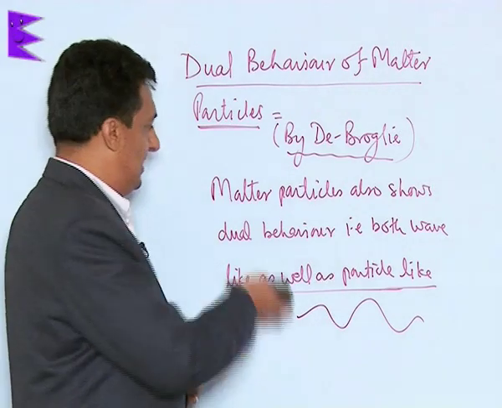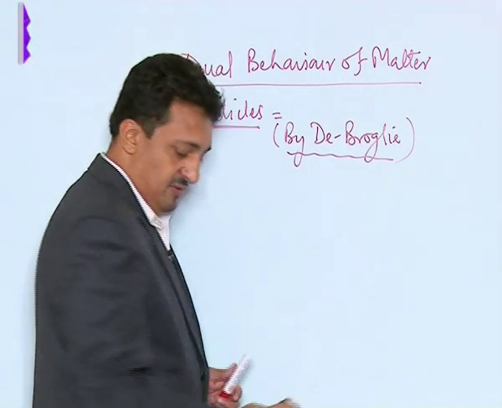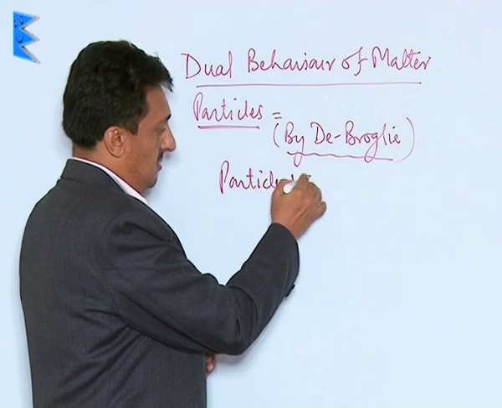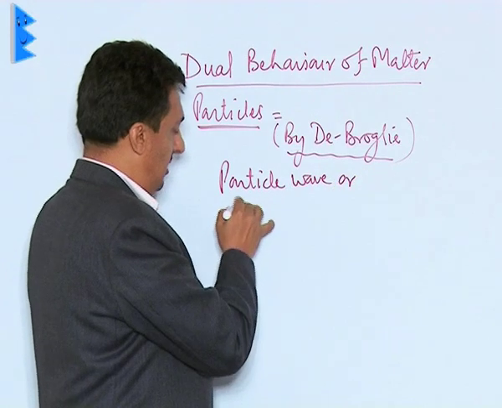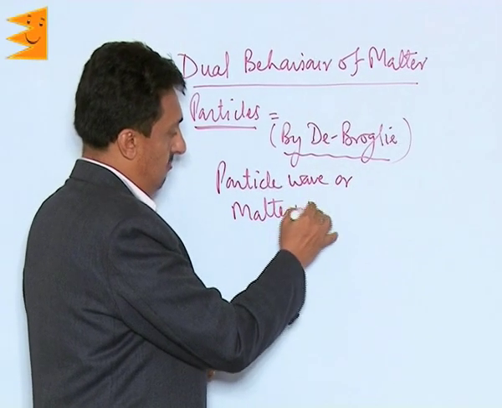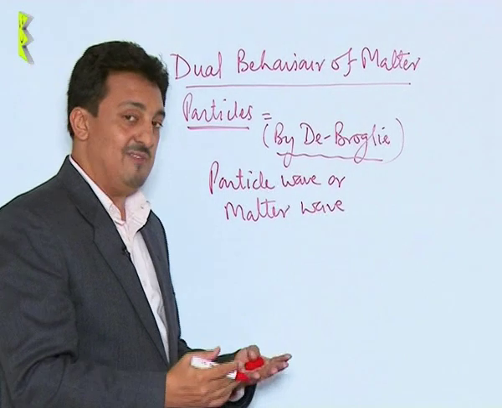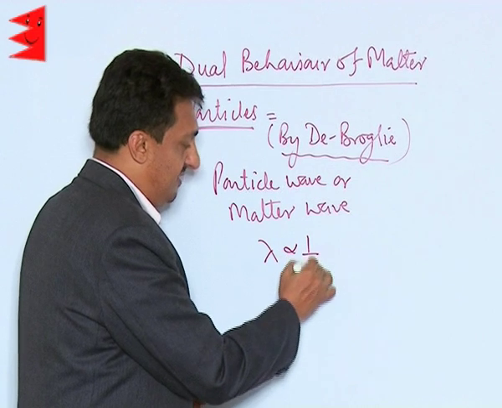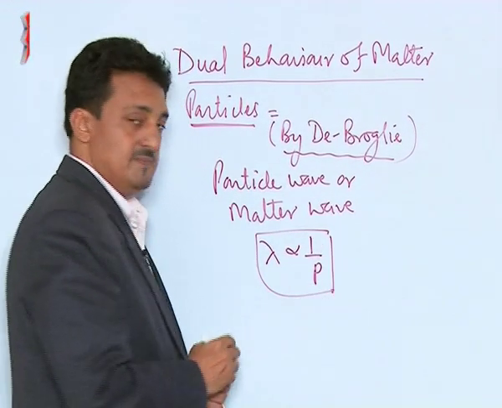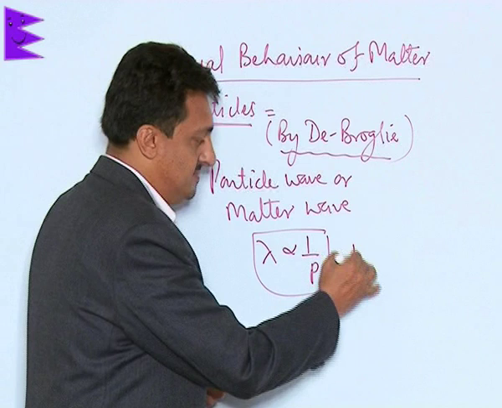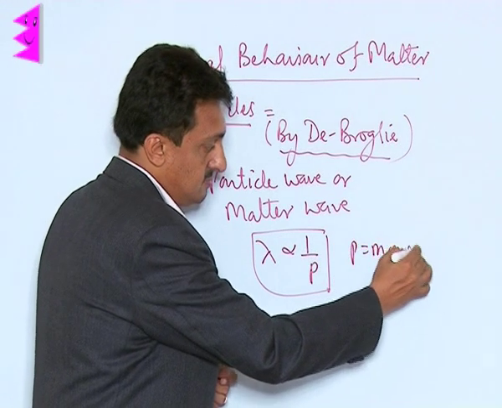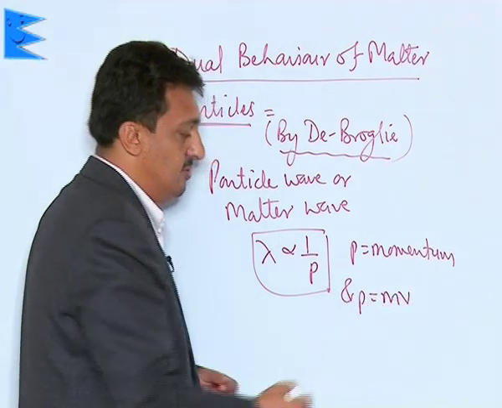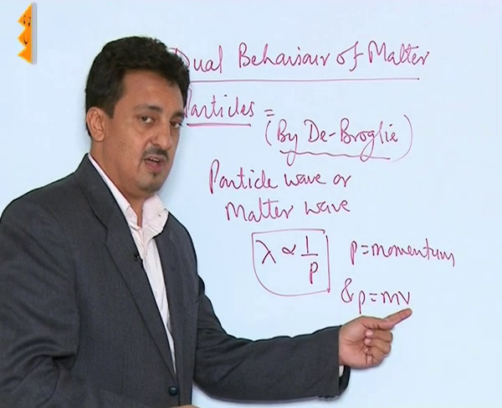He also said that their wave, which can be called a matter wave, will have a particular wavelength, and the wavelength of these matter particles is inversely proportional to their momentum. The p here is momentum, and this p is m into v, the mass into the velocity of the particle.